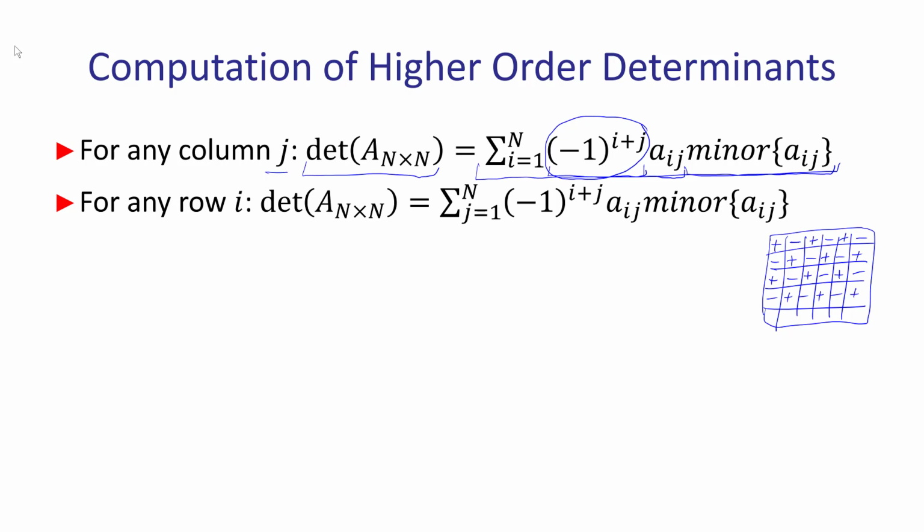So it looks like a chessboard where plus means that you need to take coefficient Aij with a positive sign, and if the sign says minus, then you need to take it with a negative sign.